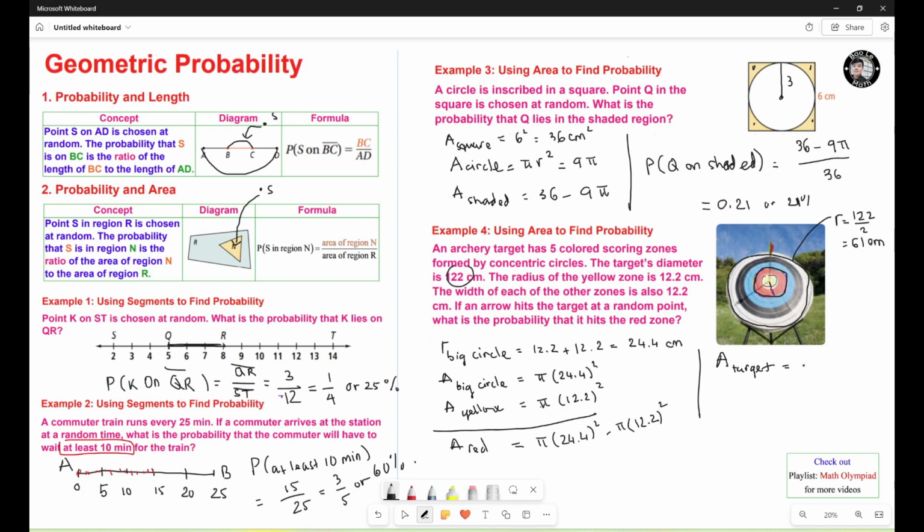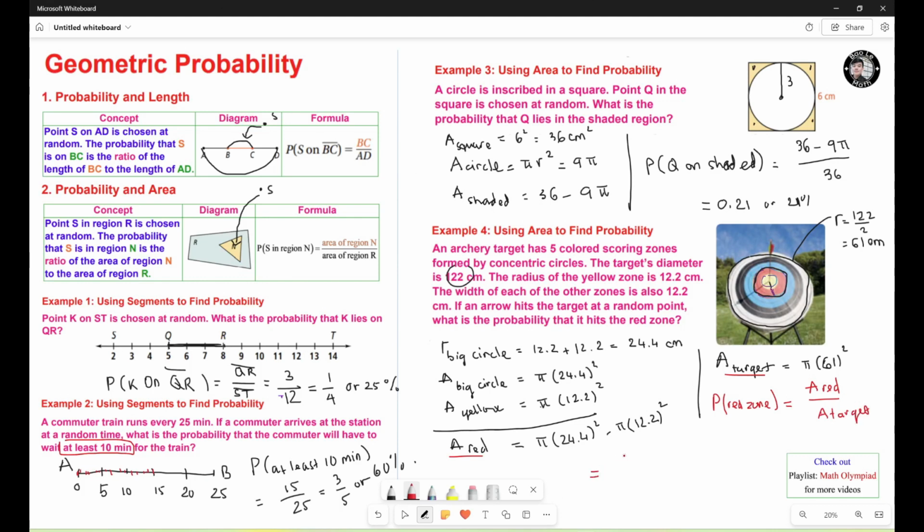It's going to be equal to pi times 61 squared. Now the probability that it hits the red zone is going to be the area of the red divided by the area of the target.